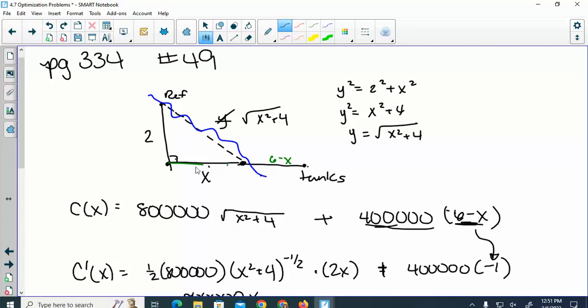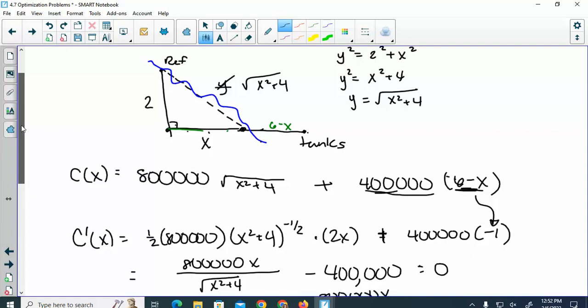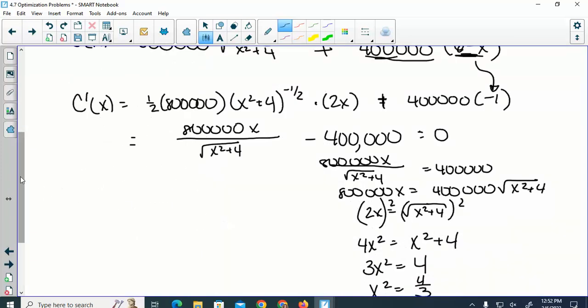It's like 1.15, so that's how far over we would have to go. So you could say the total of 6 minus x, so 6 minus 1.15, so it'd be like 4.85 miles east of the refinery. That would make sense. So there are different ways you could write that to answer.